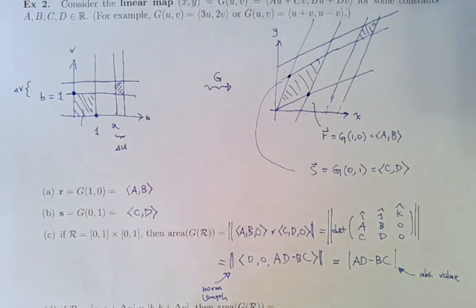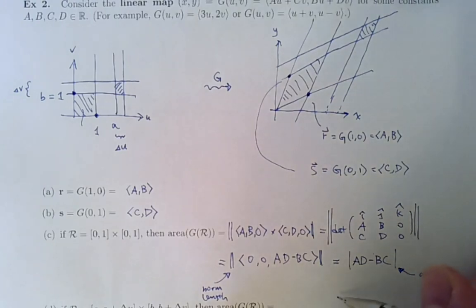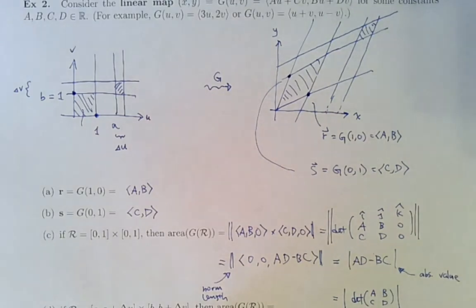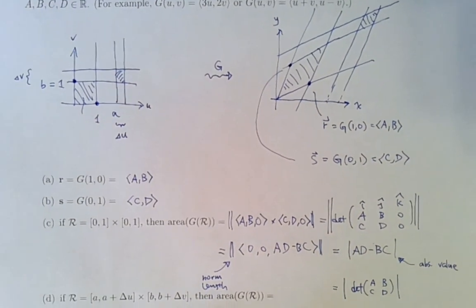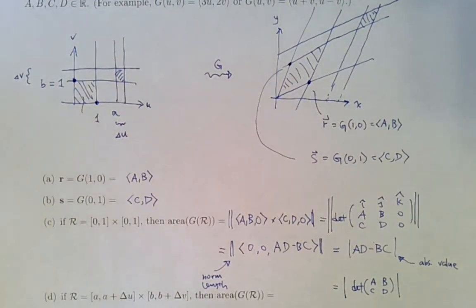But the absolute value of AD minus BC, another way of thinking about this is the determinant of A, B, C, D, and then take the absolute value. So that is the expression we have for now.